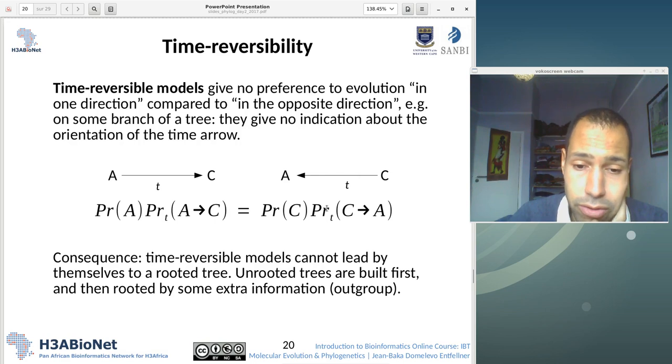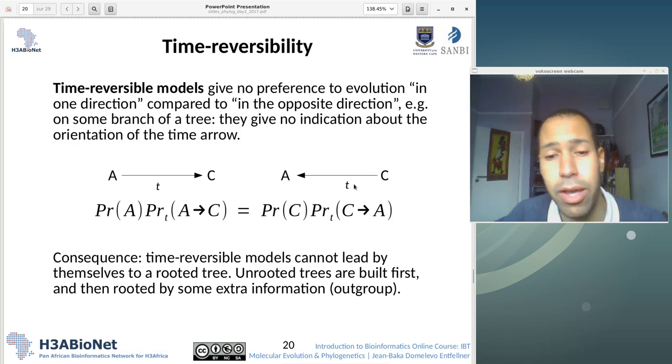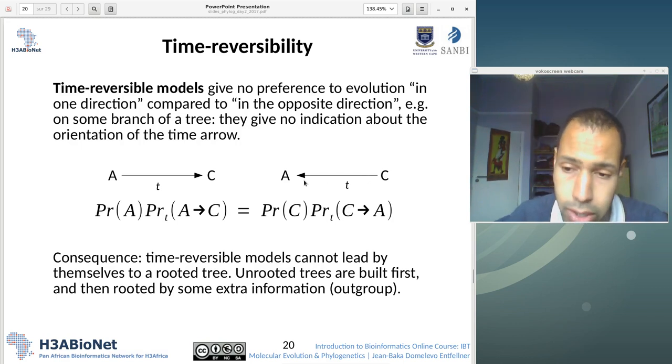It just says, probability to have the A at the end of a branch of length t, where at the beginning I had C. You may have many evolutionary events along this branch. This probability only tells you about the probability to have finally an A after a time t of evolution from a C.